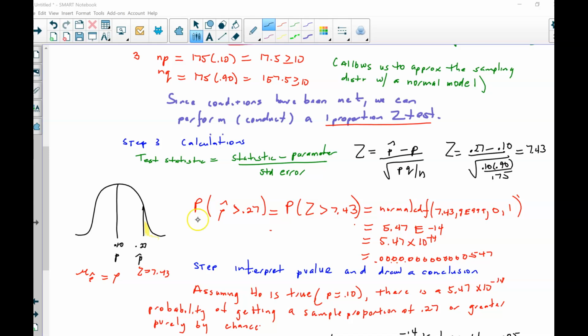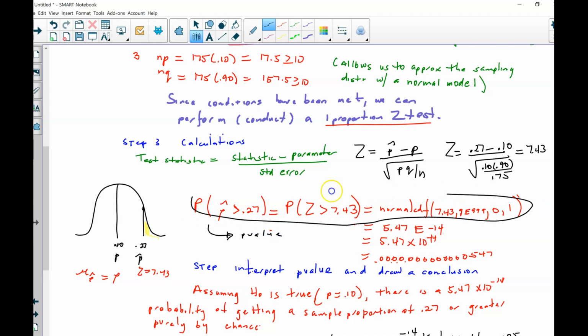So this is actually the calculation of the p-value, this whole statement. And so this would be the interpretation. Assuming H0 is true, in other words, p is equal to 10%, there is a 5.47 times 10 to the negative 14 chance. That's where you would enter your p-value.